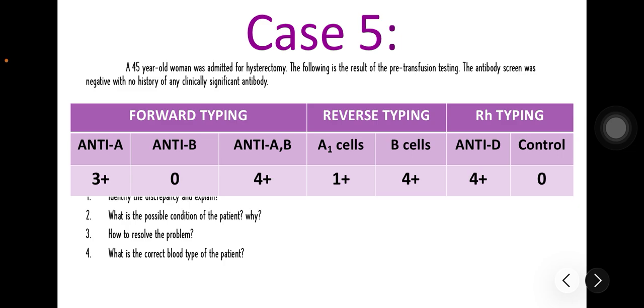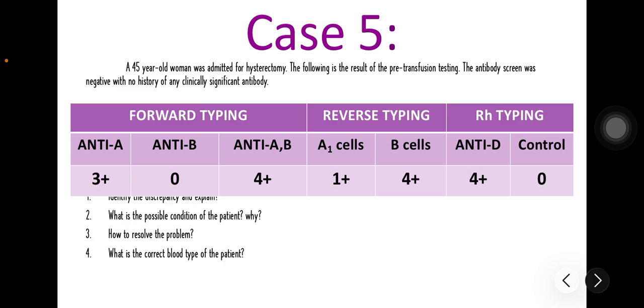Anti-A1 reacts with A1 cells in the reverse typing. So this explains the strong A antigen in the forward typing, because A2 still expresses the A antigen. In the reverse typing, it has a weak reaction with A1 cells due to the production of anti-A1. The strong reaction with B cells is still normal because A2 individuals also produce anti-B.